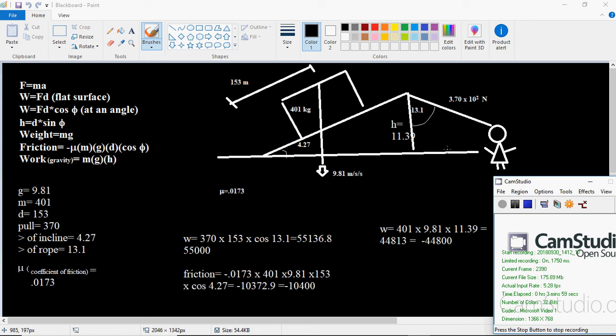Alright? So all we have to do is plug in our numbers. Okay? So we have our force, which is 3.70 times 10 to the second newtons. Now I have written it down here as 370, and I'll get to that later.